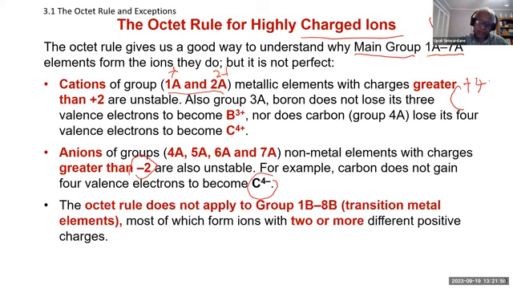I also talked about transition metals, lanthanides and actinides. For these elements, the octet rule doesn't apply. They have d orbitals and f orbitals, which complicate the picture. The octet rule only applies to s block and p block elements, which are main group elements.